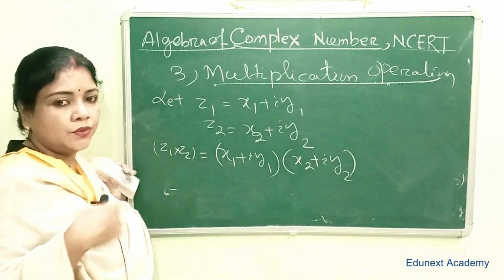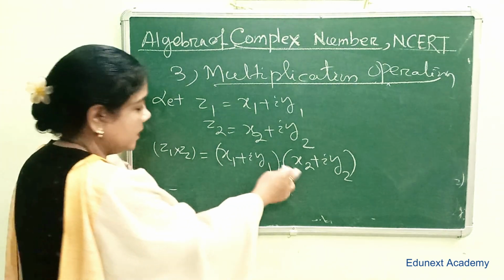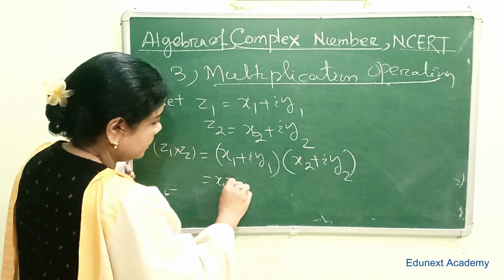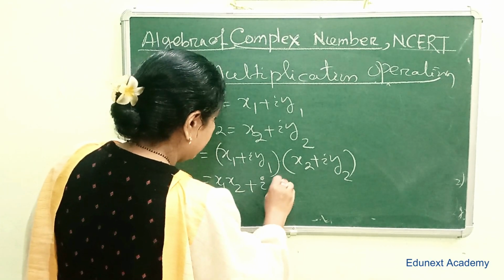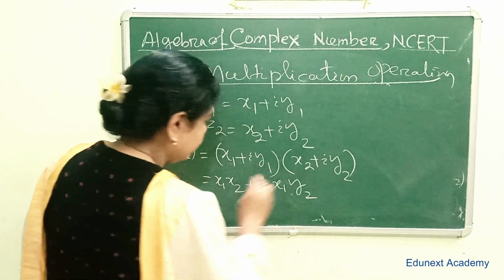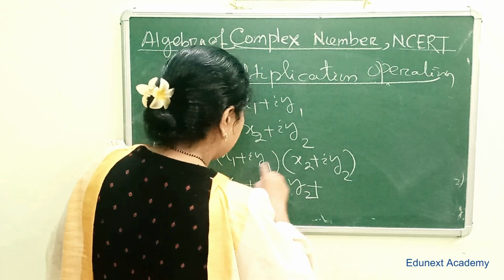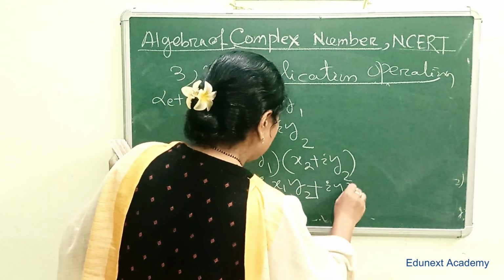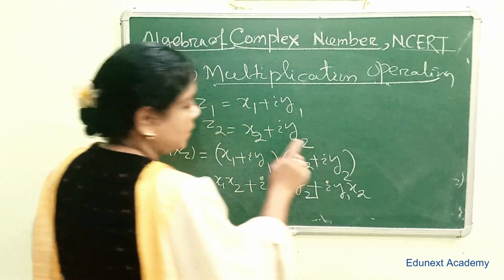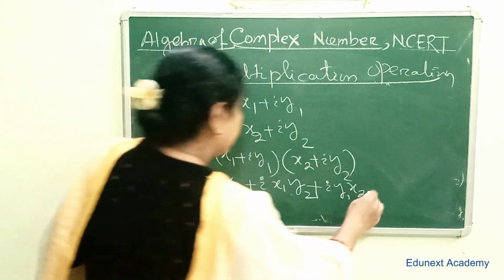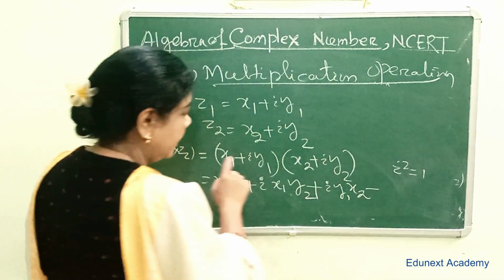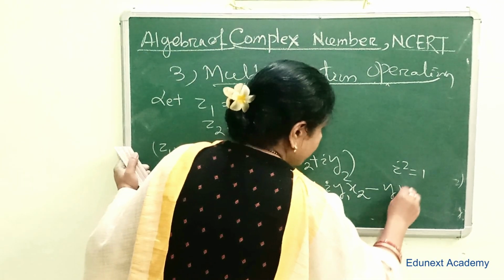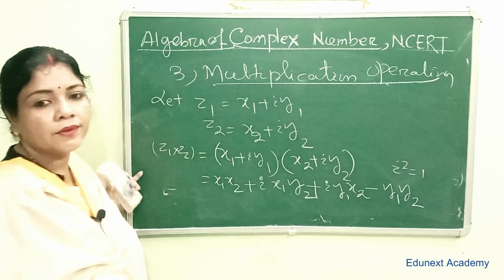Now individually you multiply: x1 x2 plus x1 iy2, similarly iy1 x2 plus i into i, that is i square, and i square is equal to minus 1, so directly I am writing minus y1 into y2.